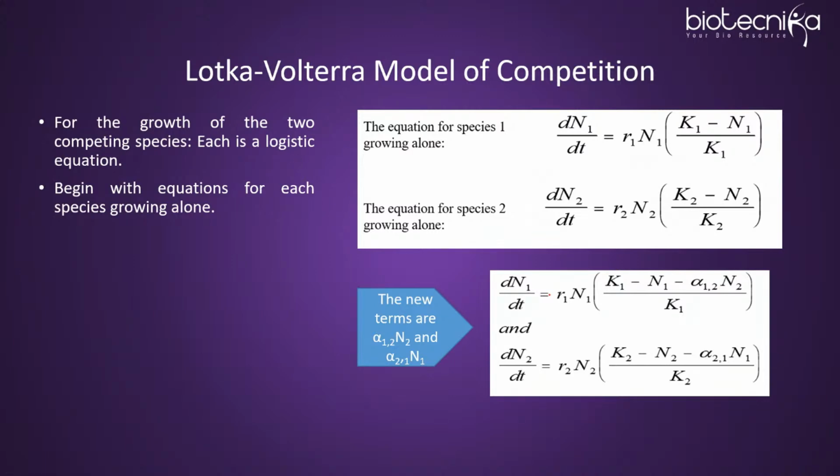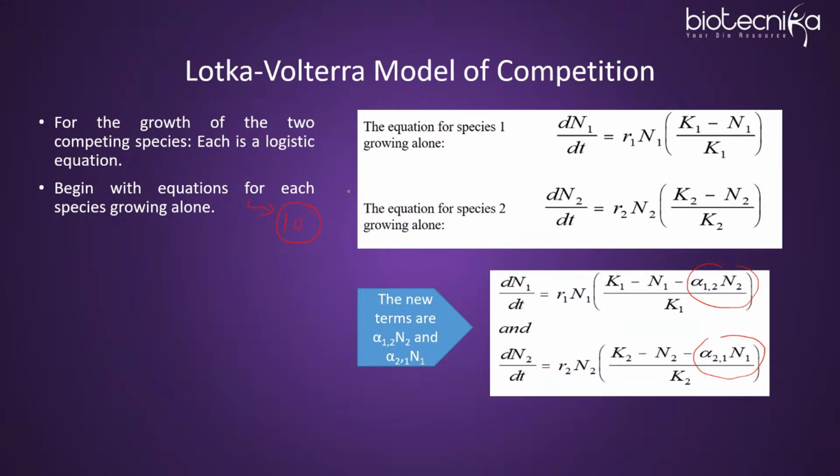So yes, we were talking about these terms, and we have incorporated them. Why? Because now two species will be sharing the resources and thereby reducing each other's carrying capacity. It's just like if you have 10 apples and you are alone, you have the opportunity to enjoy all the 10 apples.